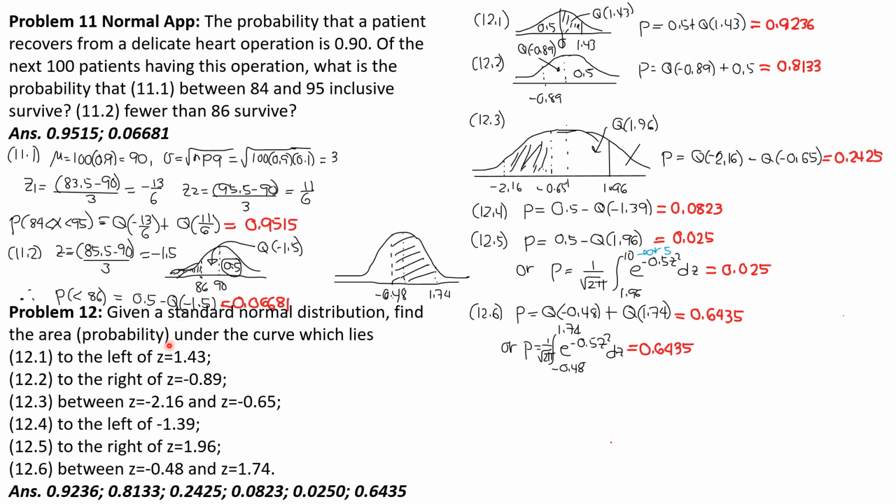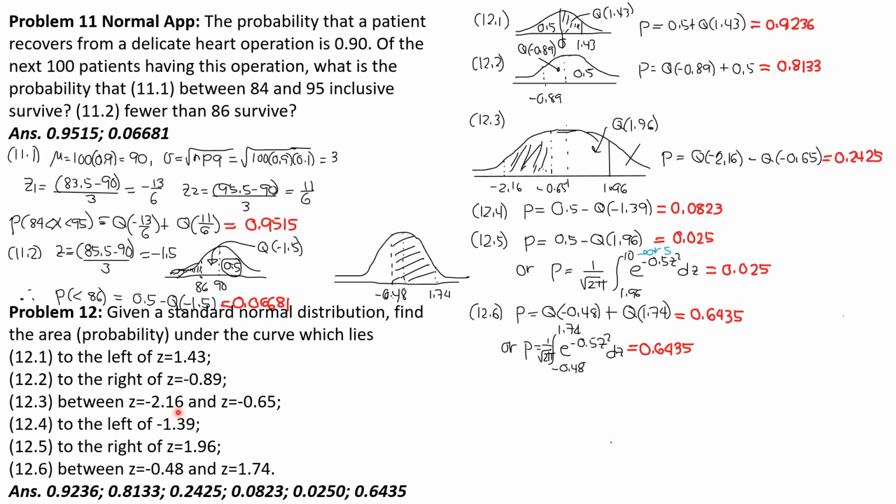For 12.2, to the right of z equals negative 0.89, this is Q(-0.89), so we must include this because we are computing the area to the right of this, so that's the whole area. So it is Q(-0.89) plus 0.5, and that is 0.8133.